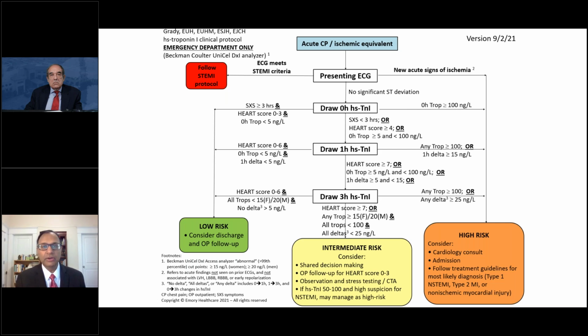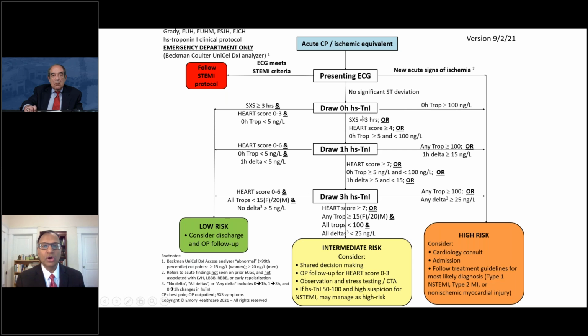This is a clinical algorithm that incorporates the symptoms, chest pain, the ECG findings on presentation, your duration of symptoms, whether you have symptoms less than 3 hours or more than 3 hours on presentation, the heart score, which I showed on the prior slide, and that's your pre-test probability for likely having an acute coronary syndrome, single troponin values at 0 hour, and then your on presentation, and then your change in troponin between 0 and 1 hour, 1 and 3 hour, and 0 and 3 hours.